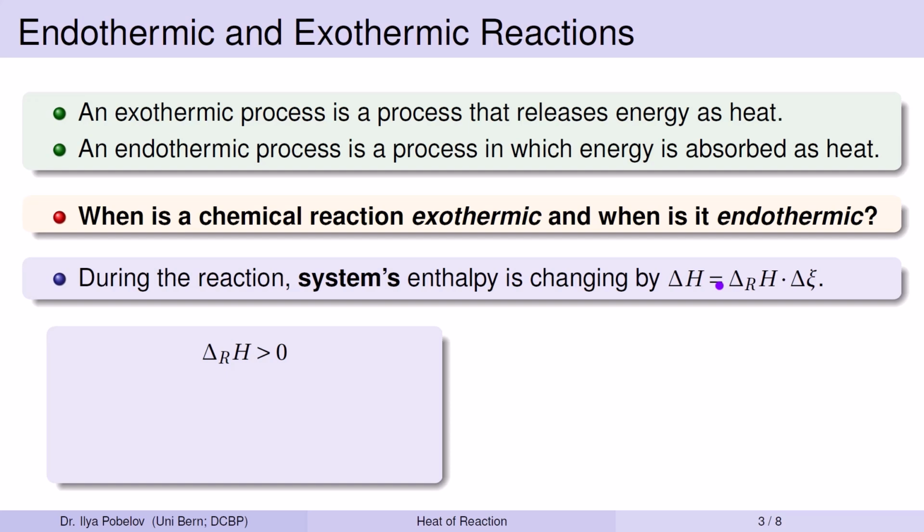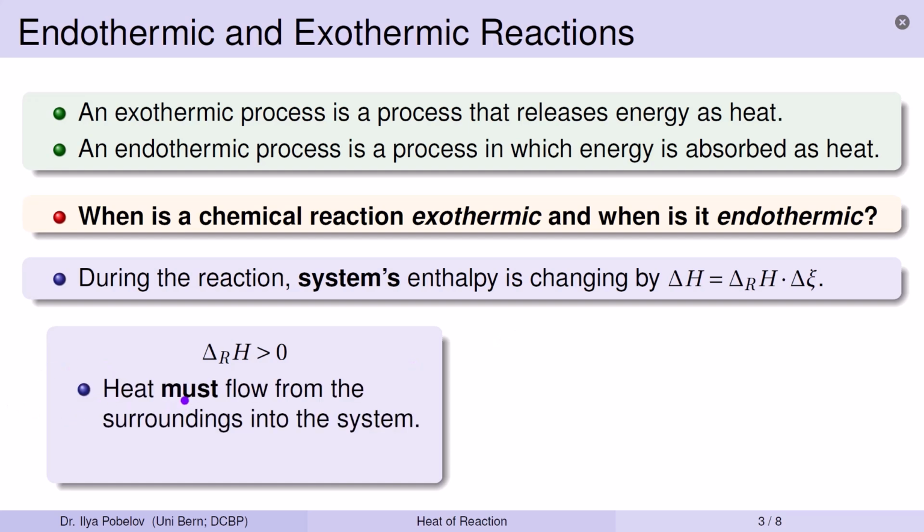It must come from the surroundings. The surroundings must deliver the amount of enthalpy equal to system's enthalpy change, and it is delivered in the form of heat flowing into the system. Consequently, this reaction requires an input of heat to proceed and is an endothermic process.